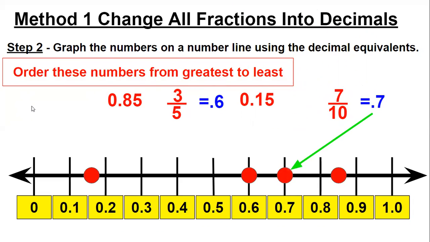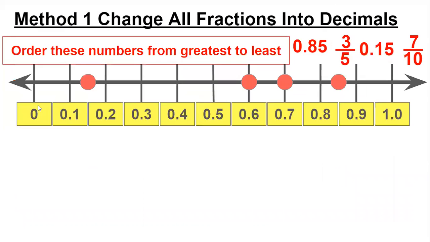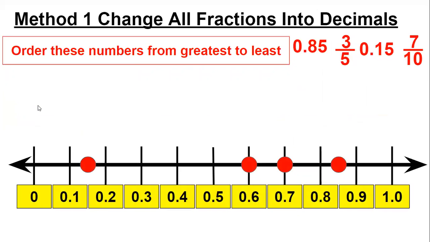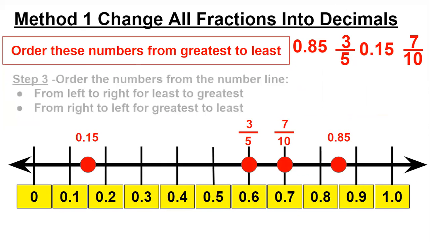Right there. Now that we have them plotted on our number line, step 3 then, bring our number line back. There's our number line with our dots in the right spot. We're going to label our dots. So 0.15 is our first dot. 7/10 is over there. 3/5 is there. And 0.85 is there. So now we want to order them from greatest to least.